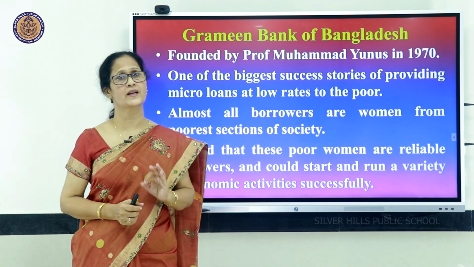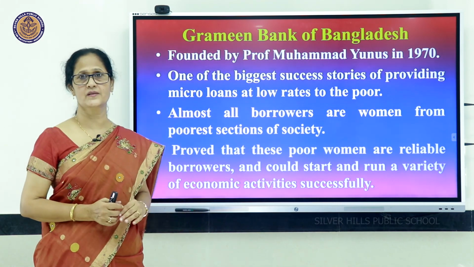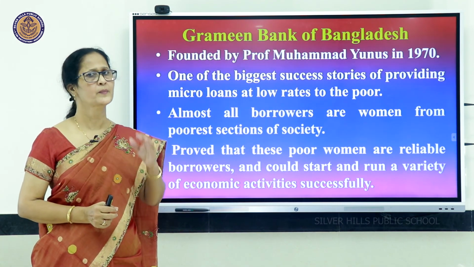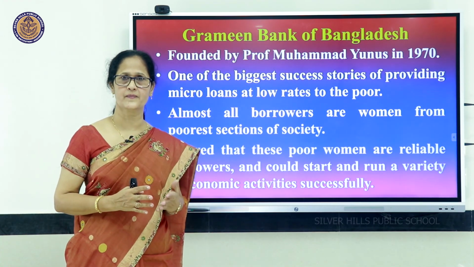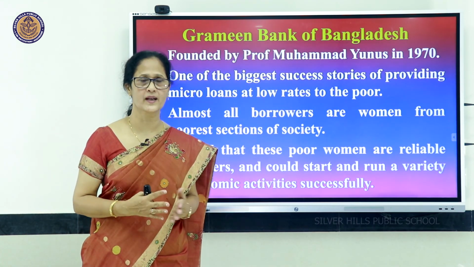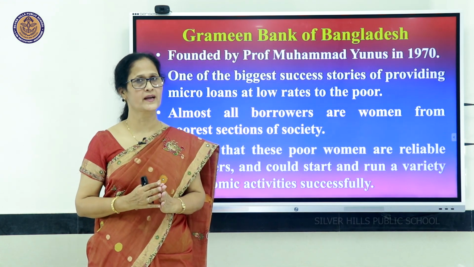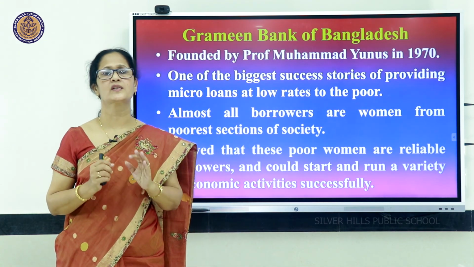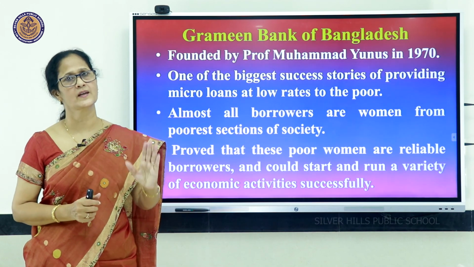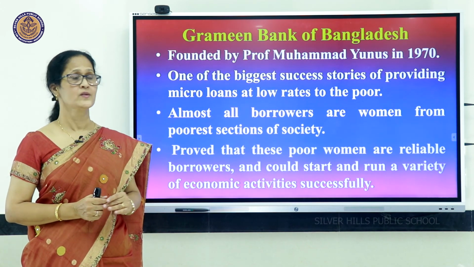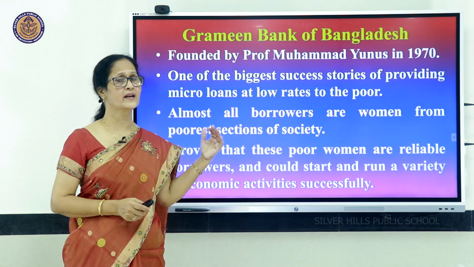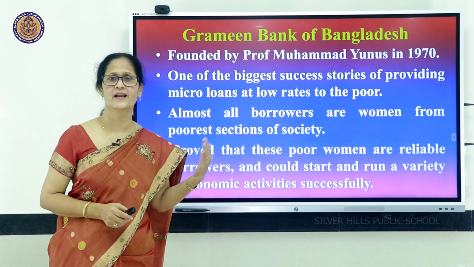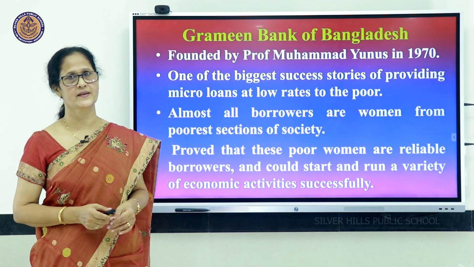The lesson that we learn from this initiative is that a major way to help in the development of rural areas is by providing micro loans, or small amount loans, to the poor people. So now we know the importance of credit, how credit plays a major role in the development of the country.